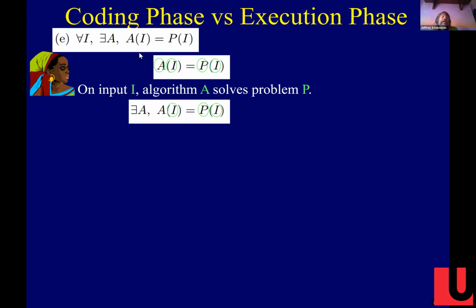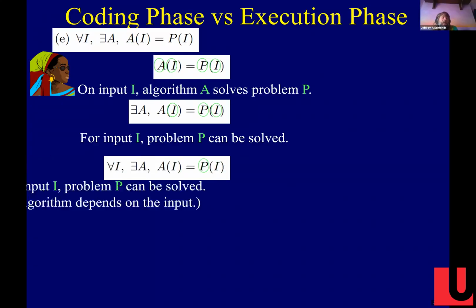So then we're saying, what's true about this input in this problem, right? What's true is that for this input I, problem P can be solved. I don't know about the other inputs, but for this particular input, the problem can be solved, right?